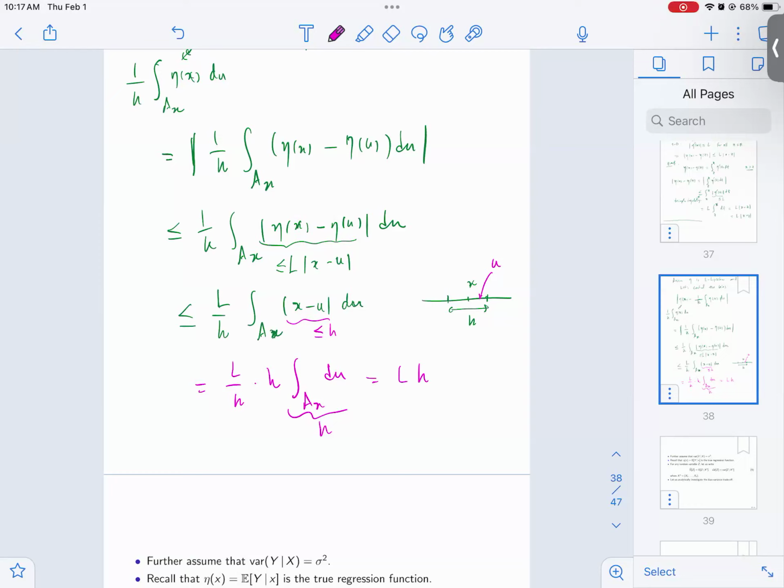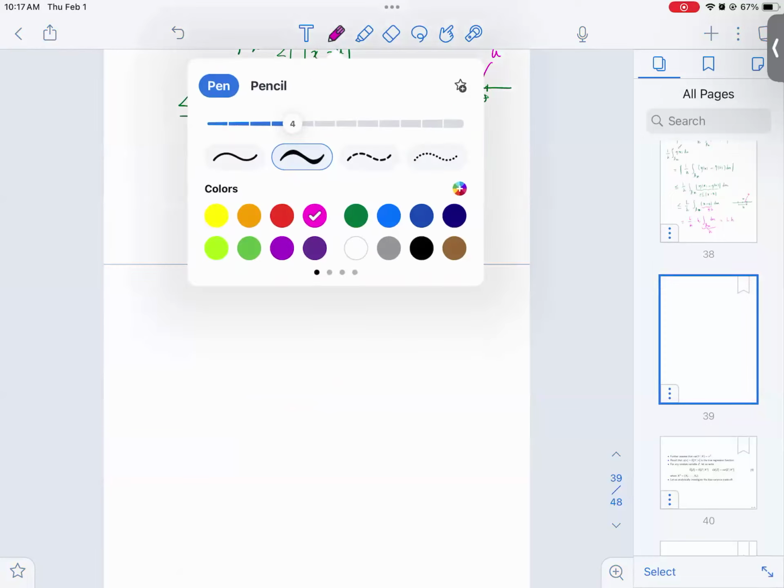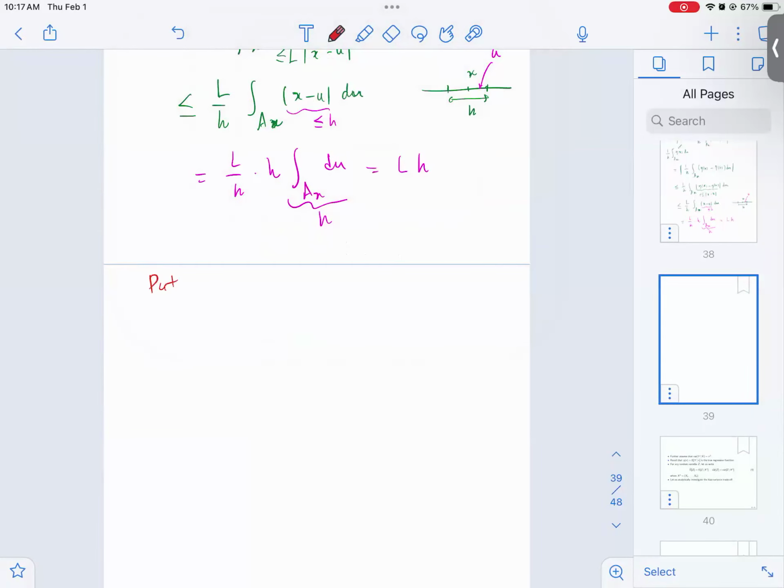that's the order of the bias. Okay, so if you're Lipschitz, then the bias goes linearly to 0. Now, is this quite clear? So if you now put everything together, I would get something like this: the expectation of eta hat x minus eta of x squared, remember, was bias squared plus variance.